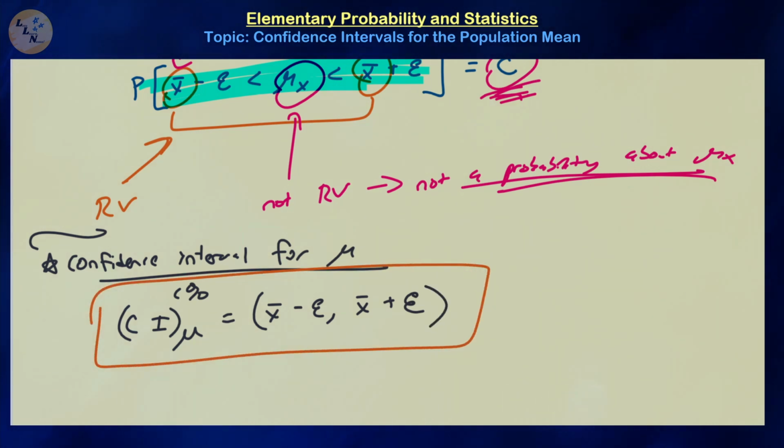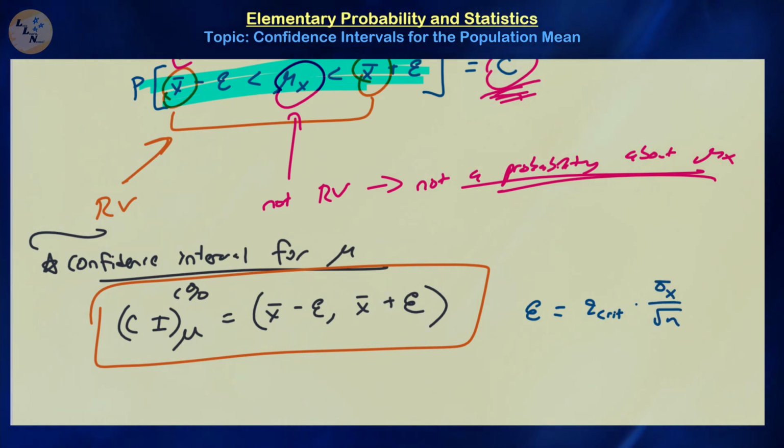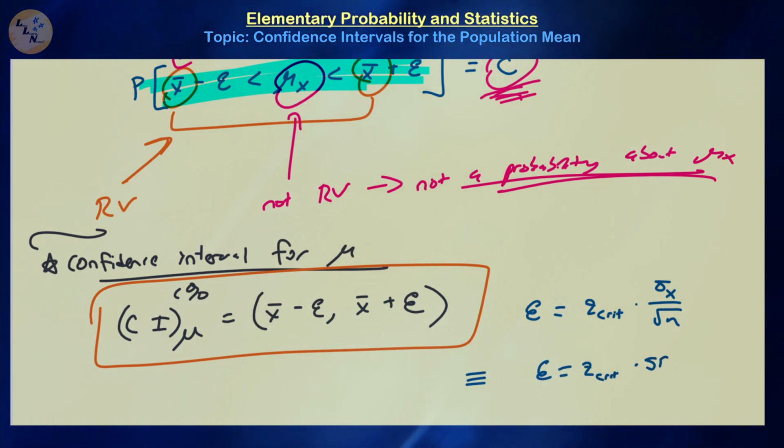So that's cool. What is this epsilon? Let's just review what that is. The margin of error is equal to the z critical value times sigma x over the square root of n, or equivalently, the margin of error is equal to the z critical value times the standard error of the estimate of using x bar as an estimate for the population mean mu.